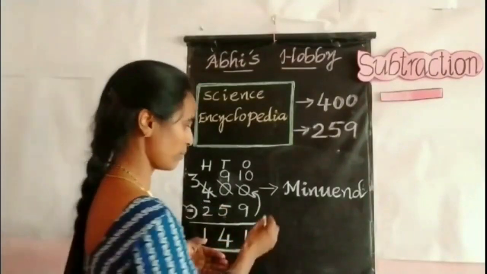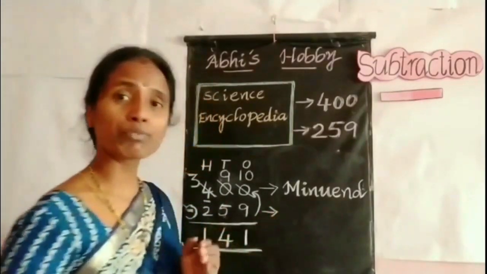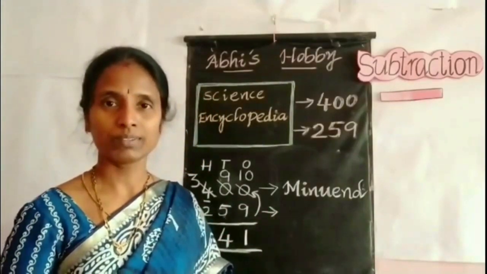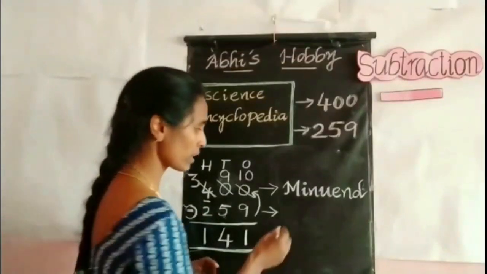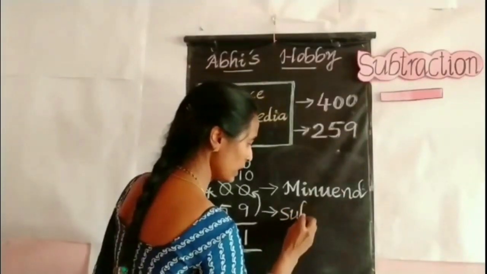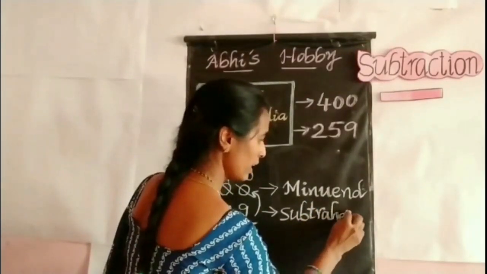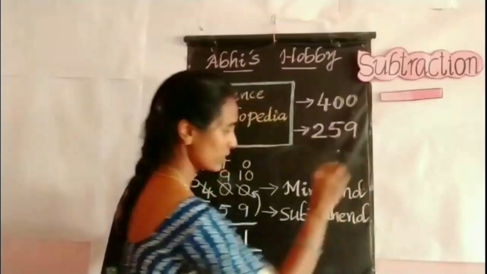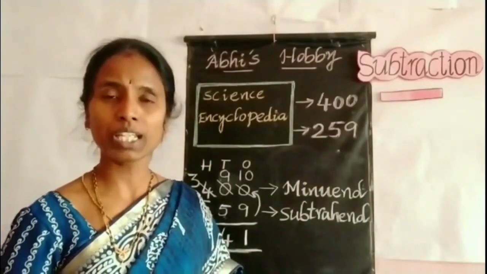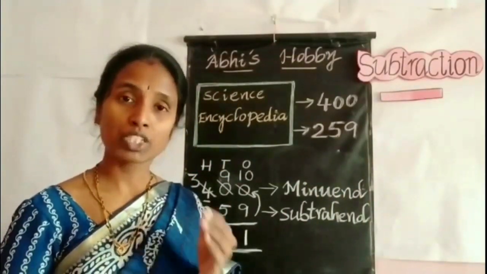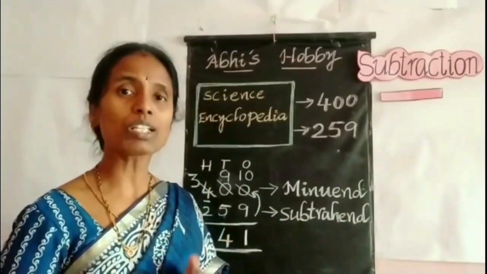The second number, the number which you subtract, is called subtrahend. S-U-B-T-R-A-H-E-N-D. Subtrahend.